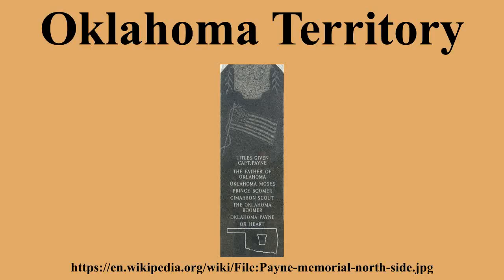Most of the governors stayed in office for only a few months. Institutions founded during this time were the University of Oklahoma, the University of Central Oklahoma, and the Oklahoma State University. The territory's real purpose was to serve as a transitional government from unorganized territory to state.